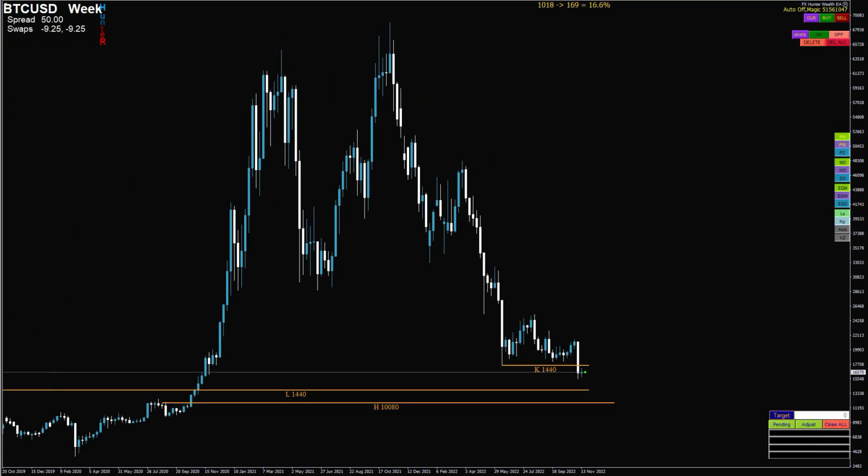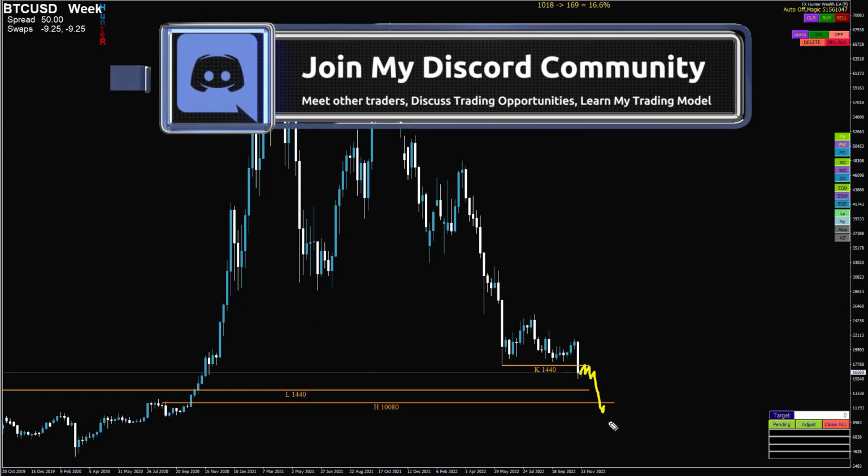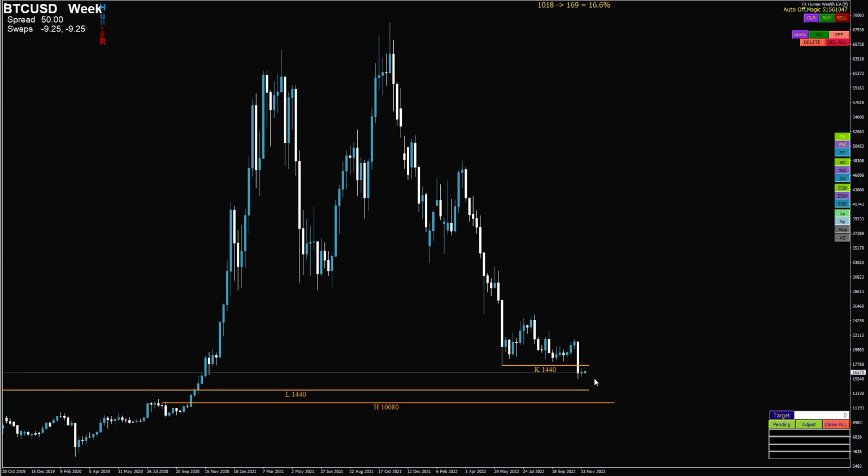In my opinion, another drop is coming, and I think that could be the last capitulation, because now the news is coming that even Grayscale, the biggest Bitcoin trust, might not have all the Bitcoins they're claiming on the balance sheet.